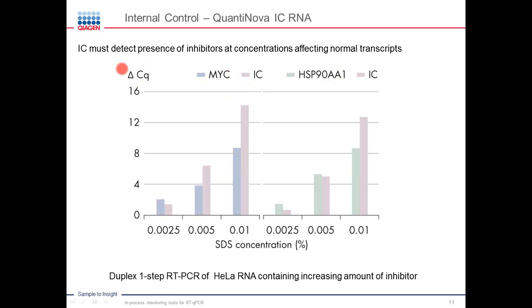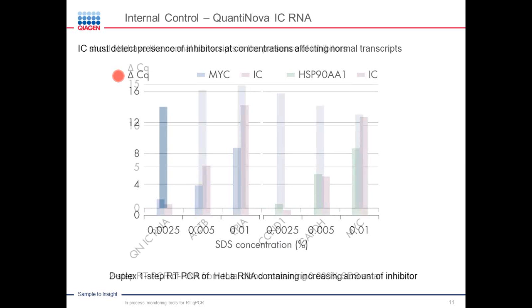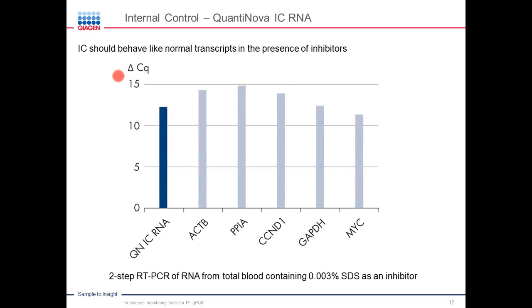So their delay, their delta Cq in the reaction, is representative and similar to normal transcripts, and this simply means an internal control can be utilized to monitor any inhibition present in our sample.